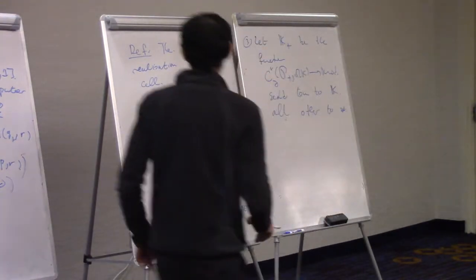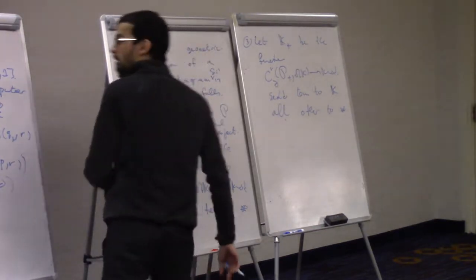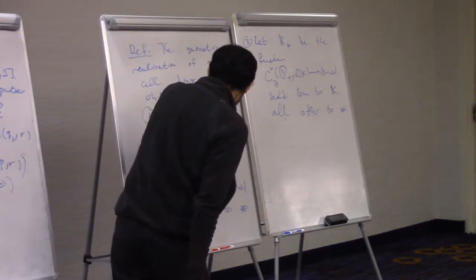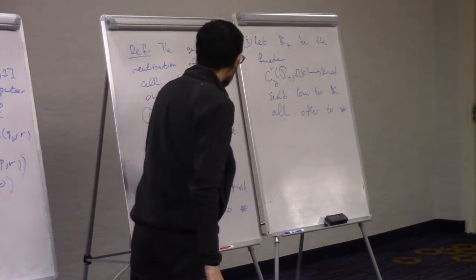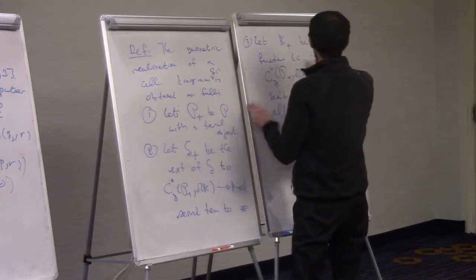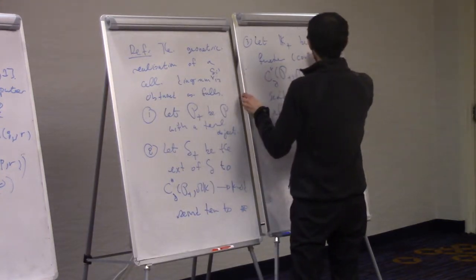Okay, so these are my ingredients. I start with my cellular diagram, I add a new object, and I extend my functors in the stupidest possible way. I create a new functor, which I want to think of as contravariant, but it has so little structure that it's hard to tell the difference.